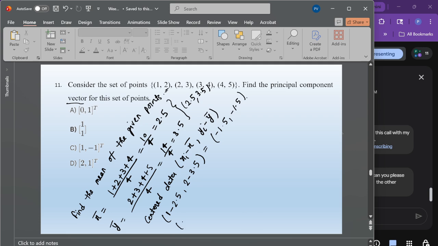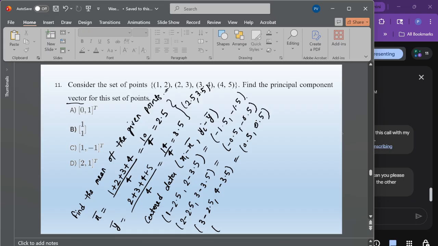Similarly for the next data point, 2 minus 2.5 and 3 minus 3.5, we get minus 0.5 and minus 0.5. Now take the next data point, 3 minus 2.5 and 4 minus 3.5, and you will get 0.5 and 0.5.